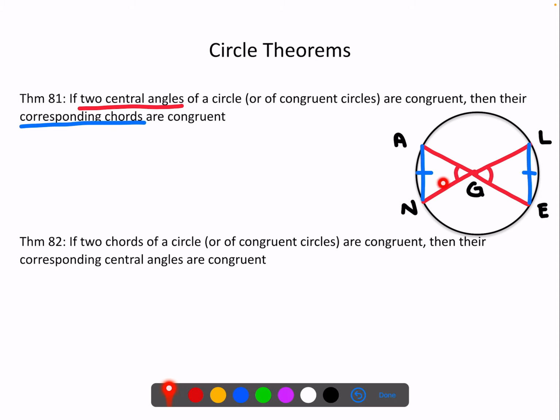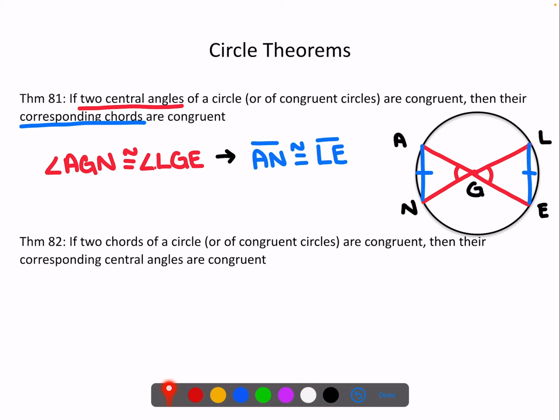So these 2 red angles, if they're congruent, then the chords that are created by their intersections of the circle, so we can see that they intersect the circle at all these points, the chords that I can create from those intersections would be congruent. So if angle AGN is congruent to angle LGE, then segment AN is congruent to segment LE.